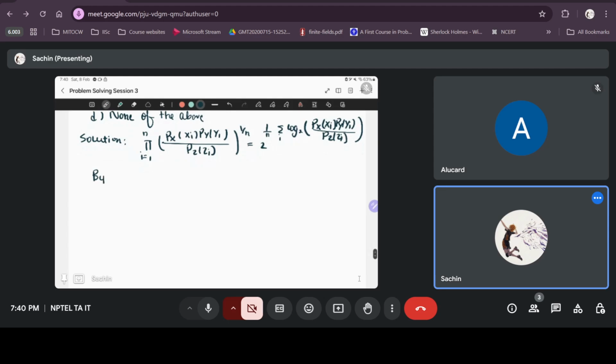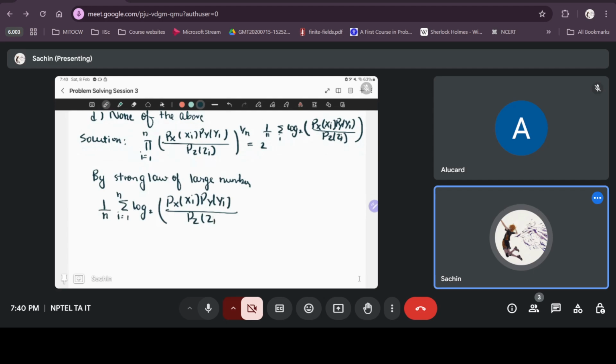And since you have a sequence of IID random variables, this summation i from 1 to n divided by n will go to the expected value with probability 1.